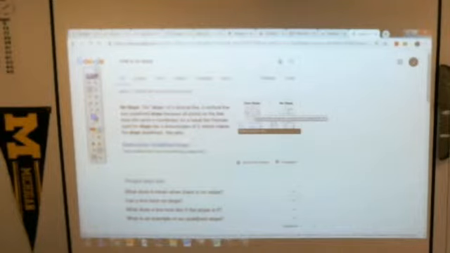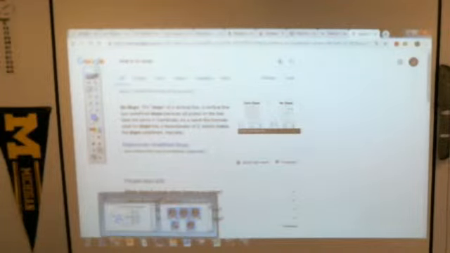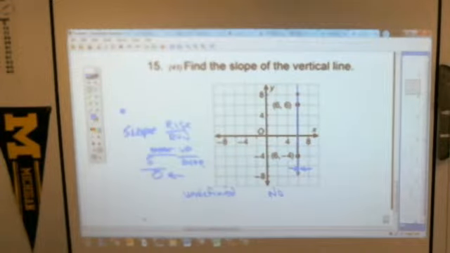Zero slope is a horizontal line. No slope is the same as undefined. Okay. So undefined and 0 is the same thing? No, undefined and no slope are the same. Zero slope is a horizontal line. That would be a good point to put in notes.